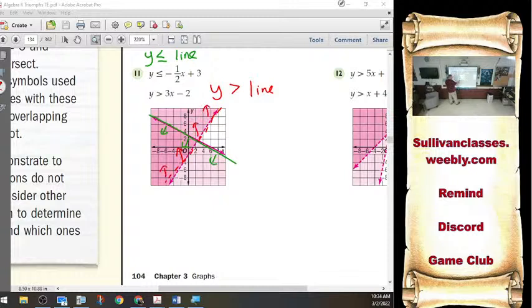And again, you see where they're all pointing. So you can either plug a point in and check if it works to determine if that side works, or it just says y is below or above the line. Okay? You got your choice.